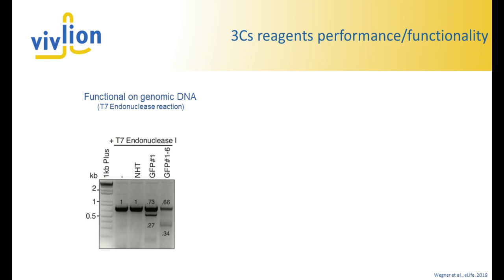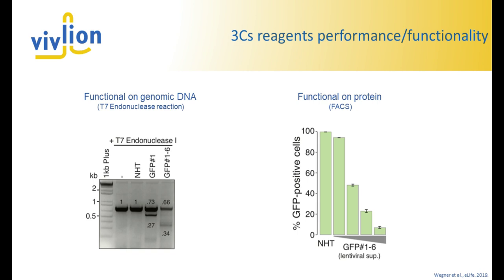So this was for us functional evidence on the genomic DNA, which then of course also translated to the protein level. When we then moved these same cells to the FACS, what we observed is that in non-human target control cells, 100% of the cells were GFP positive, while in the GFP pool transduced cells, we had a dose-dependent reduction in GFP over time, demonstrating that the reagents were functional on genomic DNA, which then also translated to the protein level.